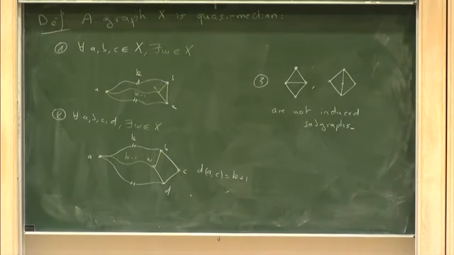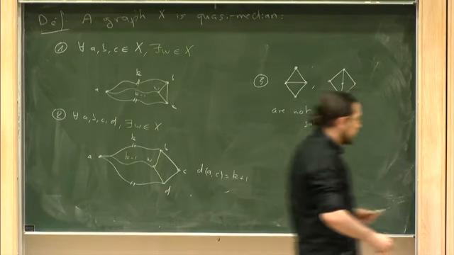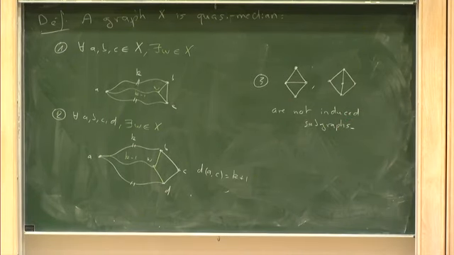Okay, so this is the definition of a quasi-median graph, and for an example, look at a tree. A tree is a quasi-median graph, and in fact, as suggested by the terminology, quasi-median graphs generalize median graphs.